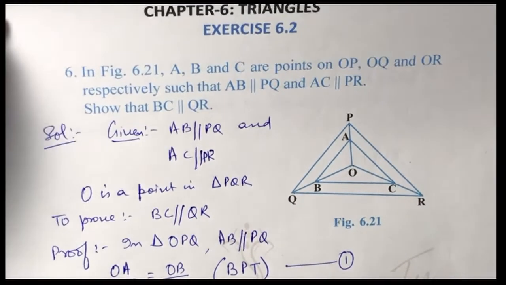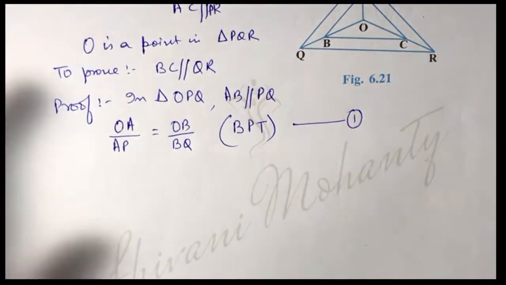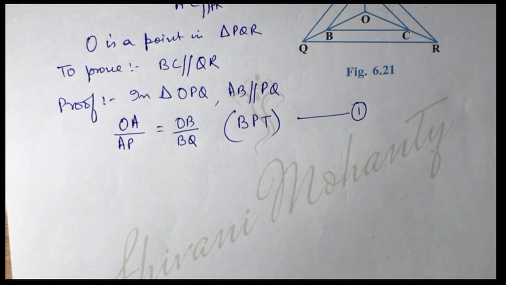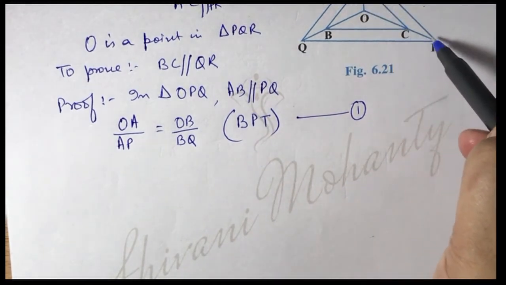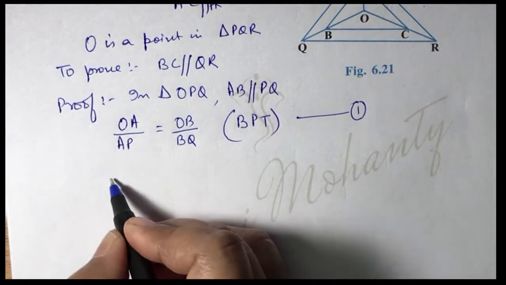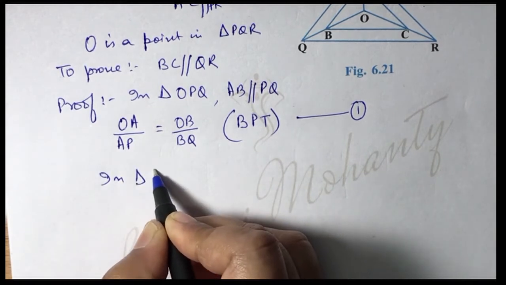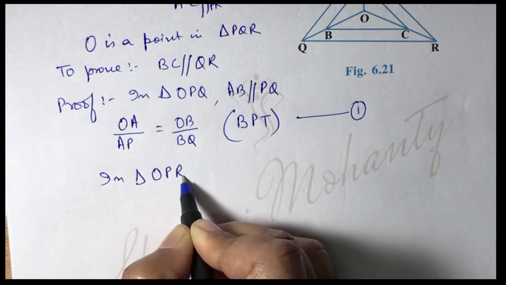Now let us move ahead. What is the next part that you have to write? Which triangle will you take? Now I will take this one. The next triangle is OPR.